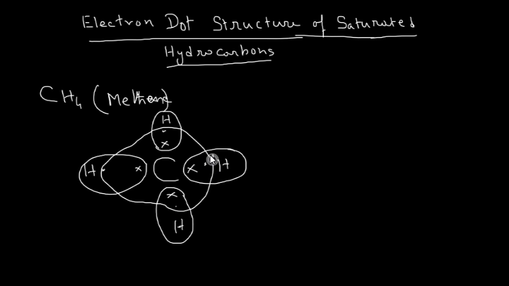All the hydrogens get stability by sharing 2 electrons, and carbon also gets stability by having 8 electrons. If we want to draw the bonds, 4 single covalent bonds are formed.